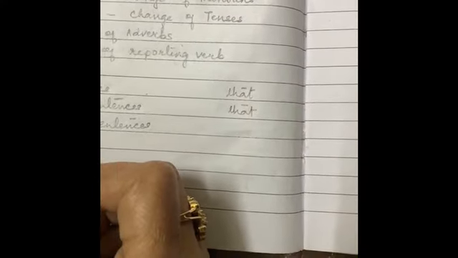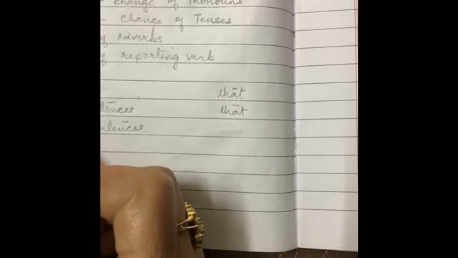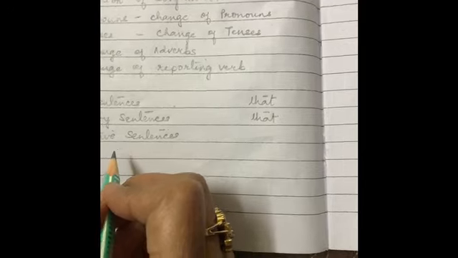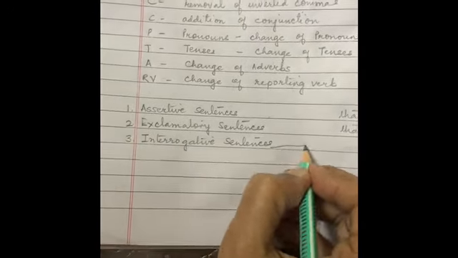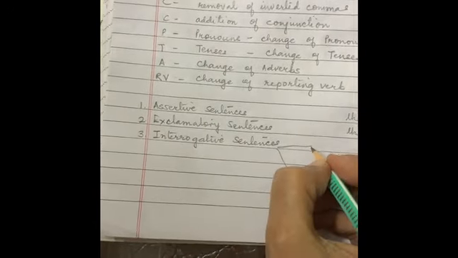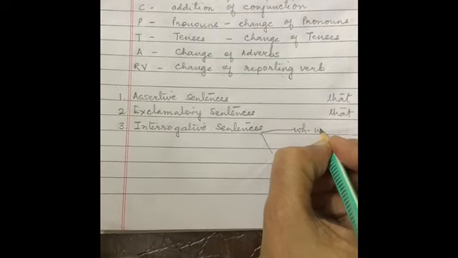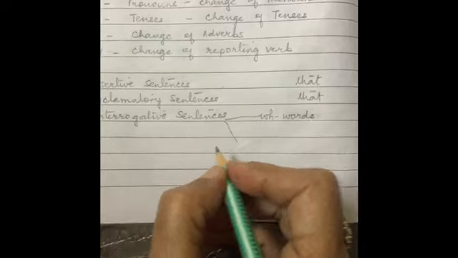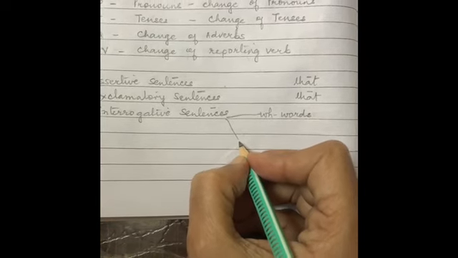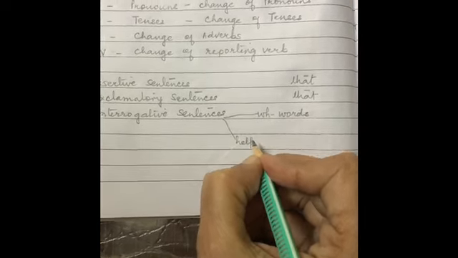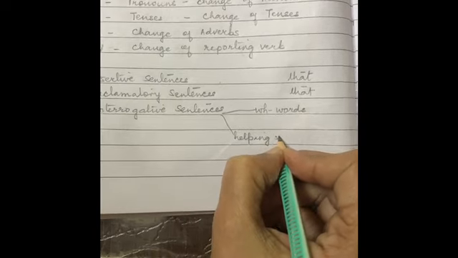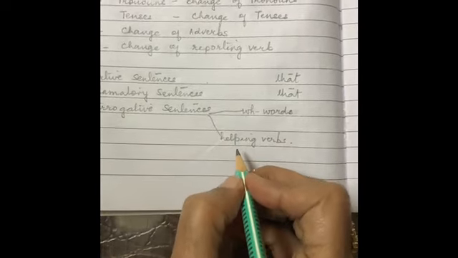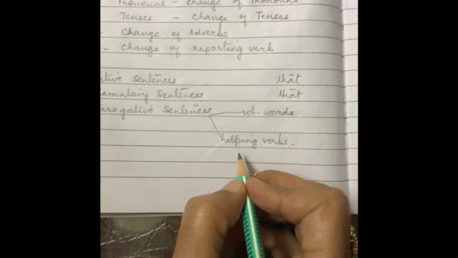And interrogative sentences. So you know, interrogative sentences are again of two kinds. One beginning with WH words and the other beginning with helping verbs. Helping verbs are also called auxiliary verbs.